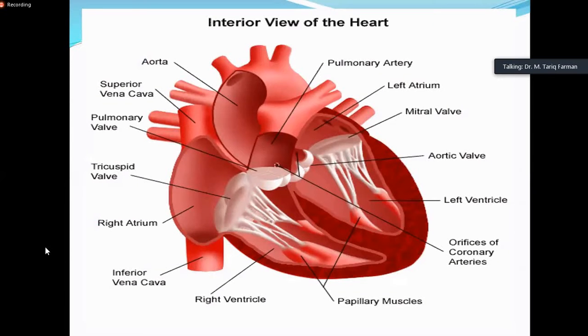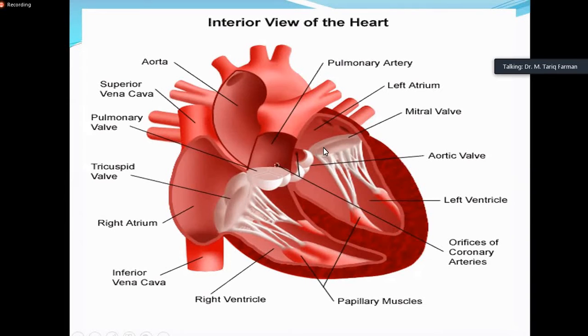If you see the mitral valve, it has four things that you should remember: the leaflets. This is the anterior mitral leaflet, and this is the posterior mitral leaflet. And on both sides, these are the commissures, right?